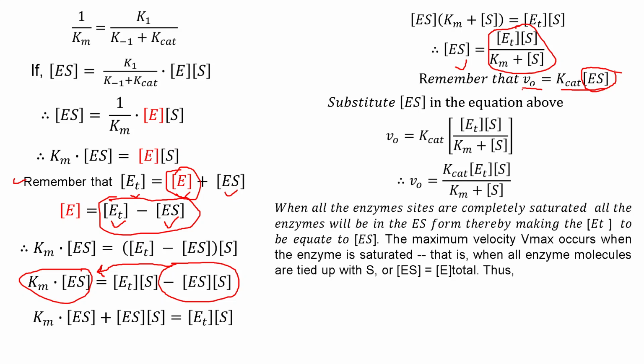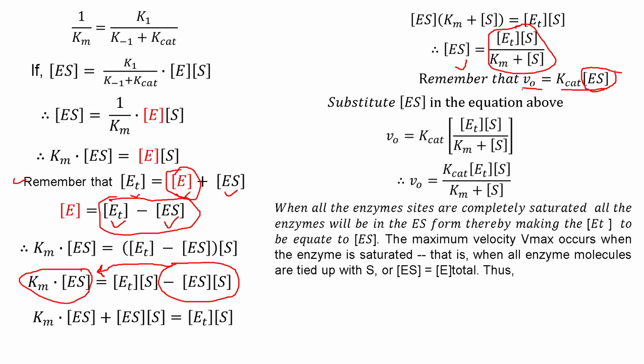But remember what I said before, that when all the enzyme sites are completely saturated, all the enzyme will be in the ES form, thereby making the ET equal to ES. The maximum velocity occurs when the enzyme is completely saturated.